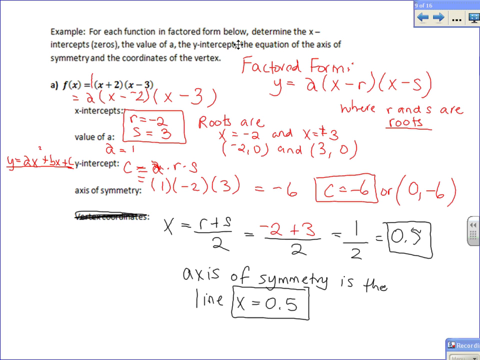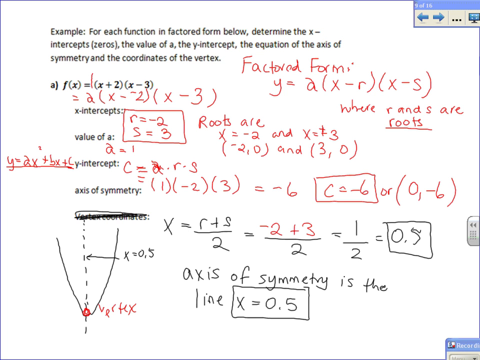Knowing that, I also know that on my parabola, if this is my parabola, and it has an axis of symmetry that runs right through the center, okay, if this is my axis of symmetry, x equals 0.5, the other thing that I know about a parabola is that the vertex lies on the axis of symmetry.